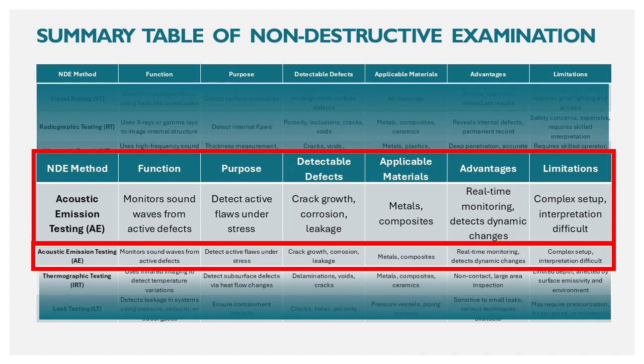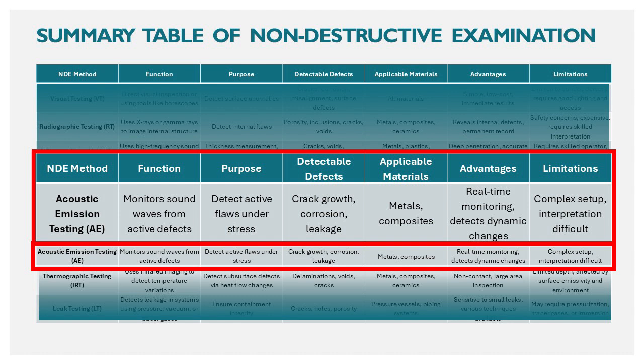Acoustic emission testing, or AE method. The function of acoustic emission testing is that it monitors sound waves emitted by materials under stress. The purpose of acoustic emission testing is to detect active flaws during loading or operation. Detectable defects include crack growth, corrosion, and leakage. It is applicable for metals and composites.